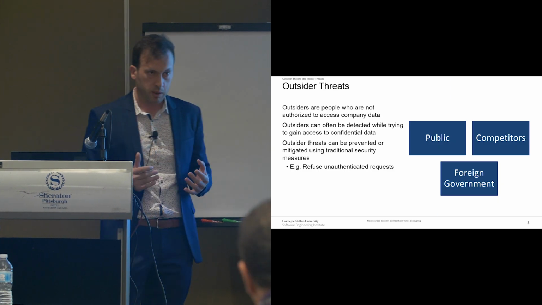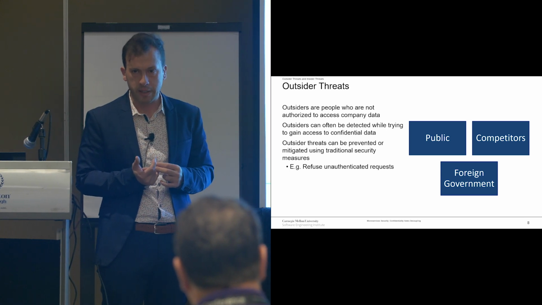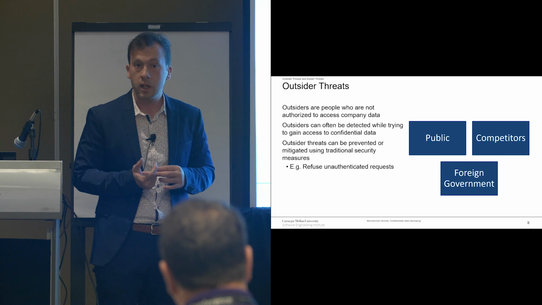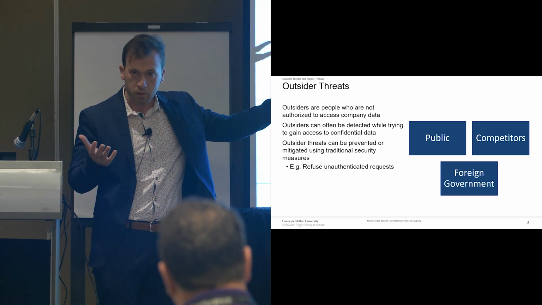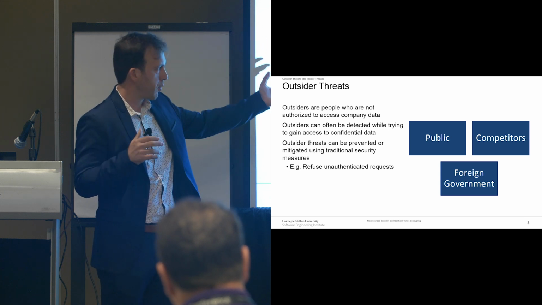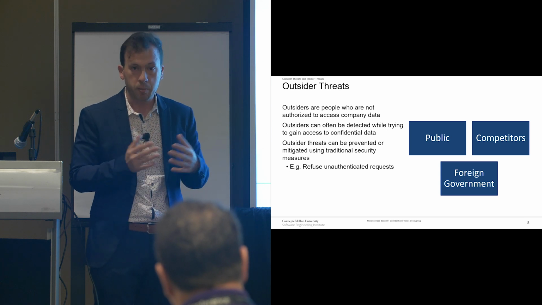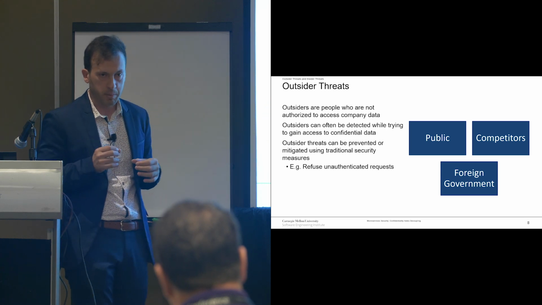So who are the outsiders? Outsiders are people who do not have access to our data, and they should not have access to our data. For example, the public, the competitors of my business, and foreign governments, especially if we are talking about the data of government agencies.